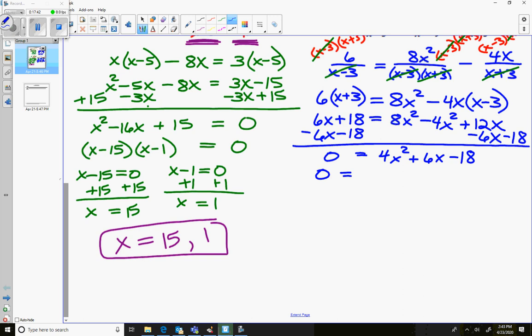Have a GCF of 2, so pull that out. Leaves me with 2x squared plus 3x minus 9. And then now let's see if my general trinomial will further factor. If not, I will be forced to go to the quadratic formula.